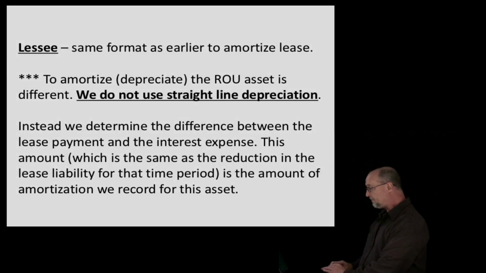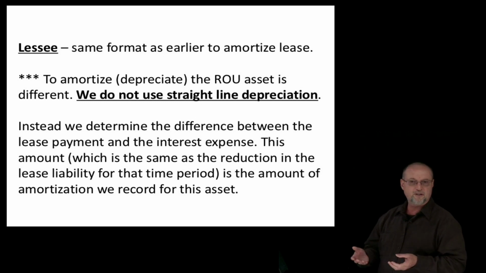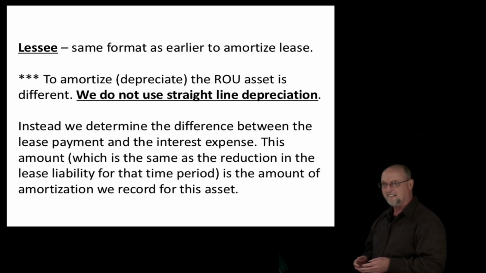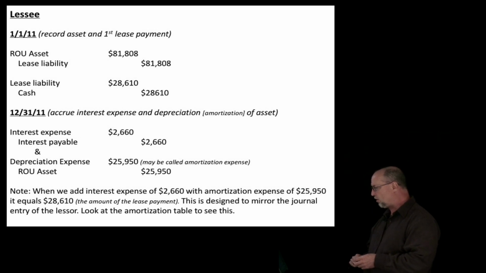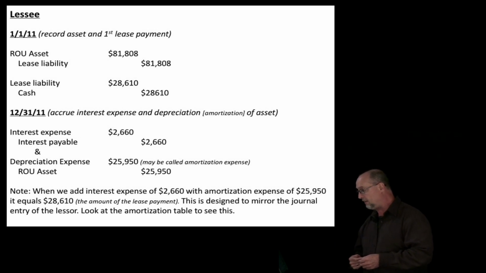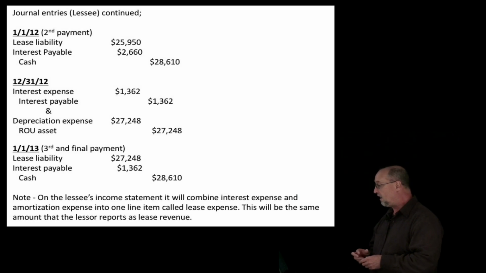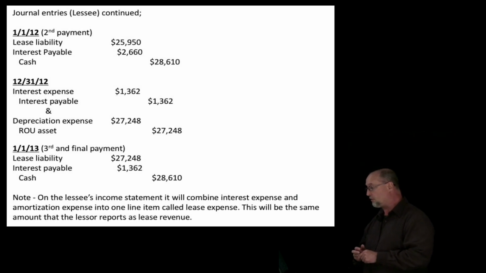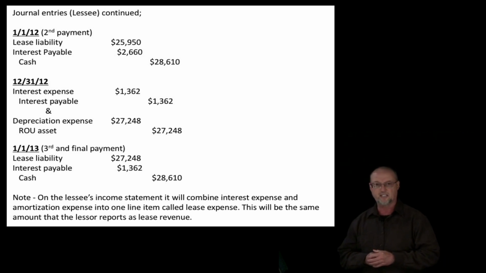And there it is in pretty much the same words that I said earlier. And so you can review the journal entries for the following year. In fact, I'll just show them to you right now. On January 1st, 2012, there's that second lease payment of $28,610.